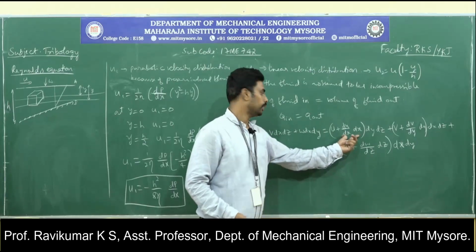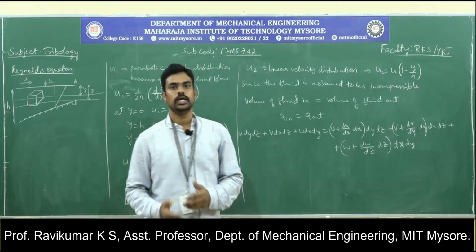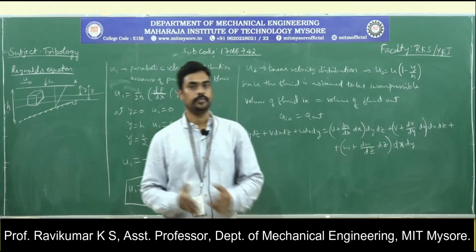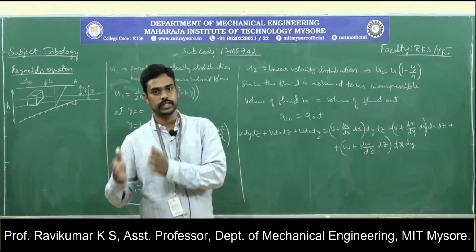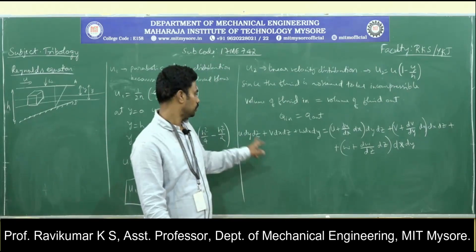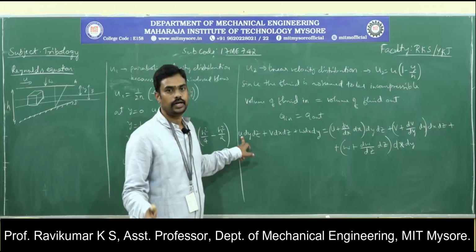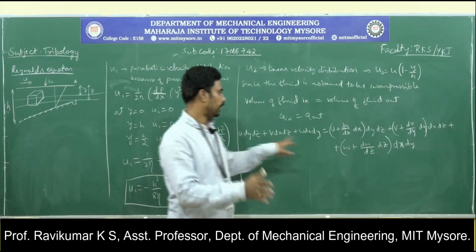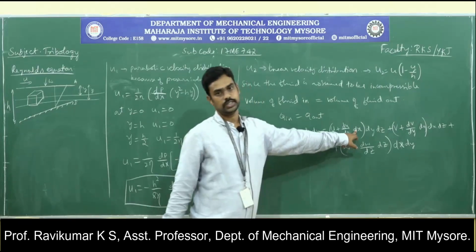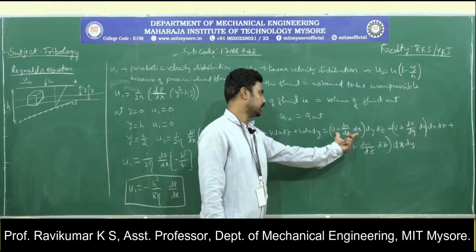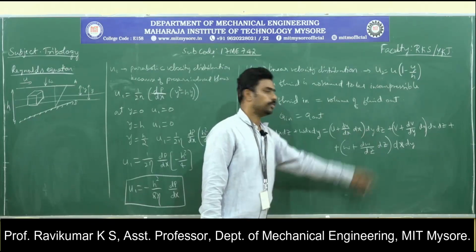Here the second term, du by dx into dx, is the variation of the velocity because of the distance dx. So velocity will not be the same at 2 different positions. If at the left hand end it is u, at the right hand end it should be u plus du by dx into dx, because of the distance, the variation should be considered. This is the variation considered here, multiplied with this one.